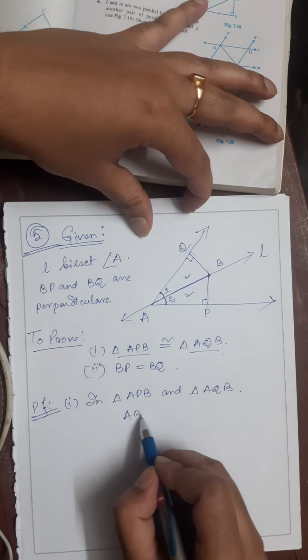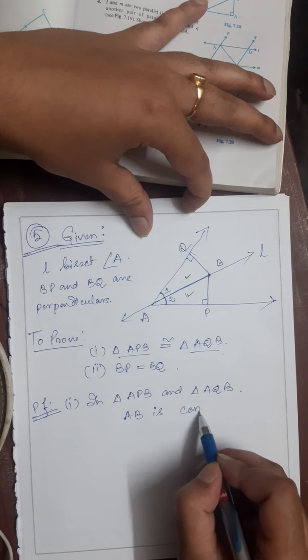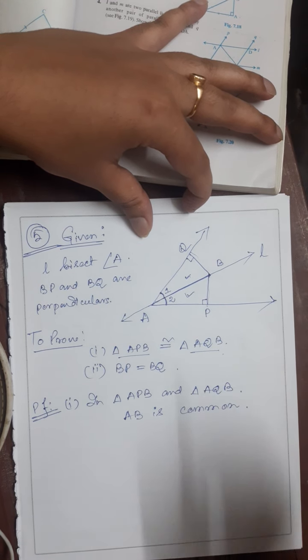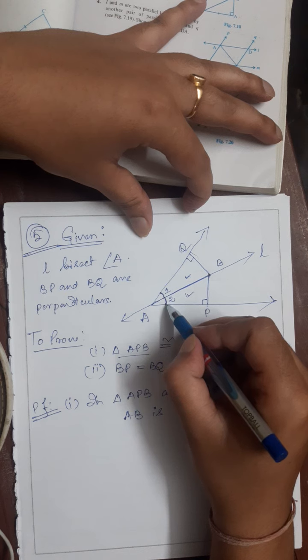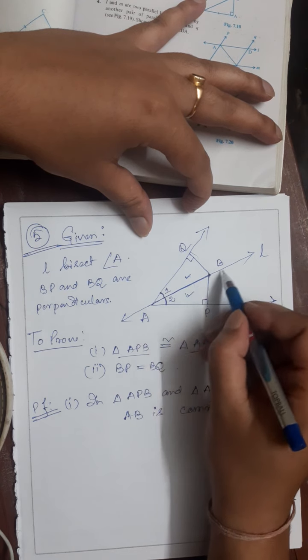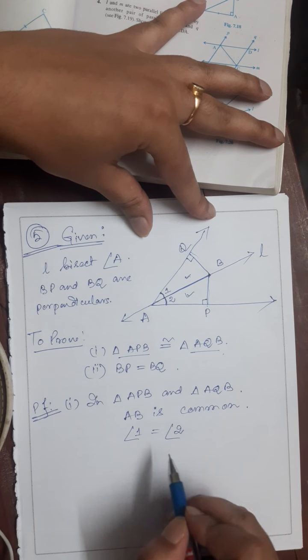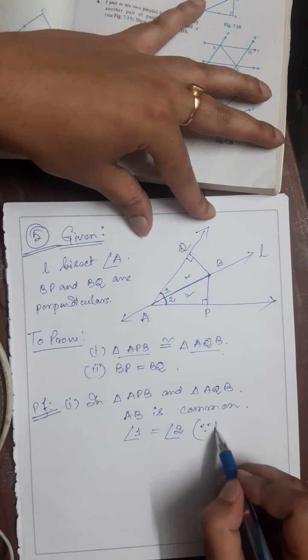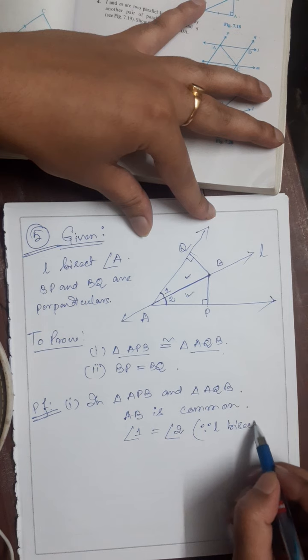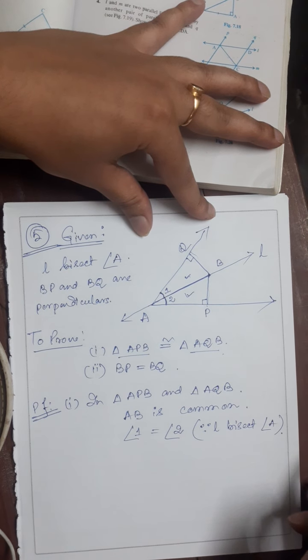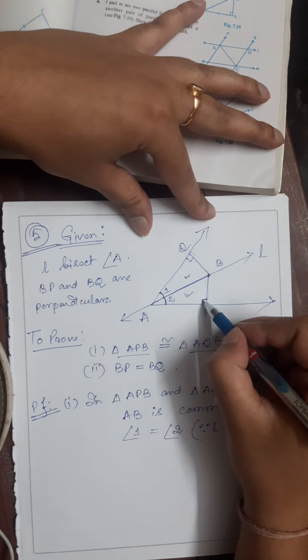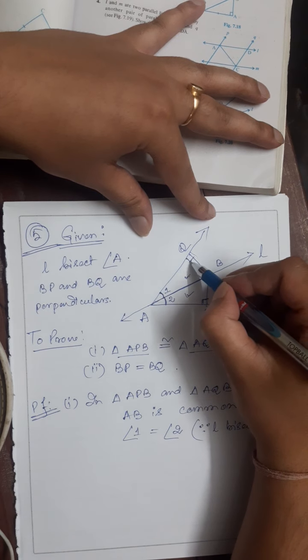We'll write AB is common. Second is angle 1 is equal to angle 2 because this was the bisector of angle A. Angle 1 is equal to angle 2. Why? Since L bisects angle A. Third is this is 90 degrees and this is also 90 degrees.